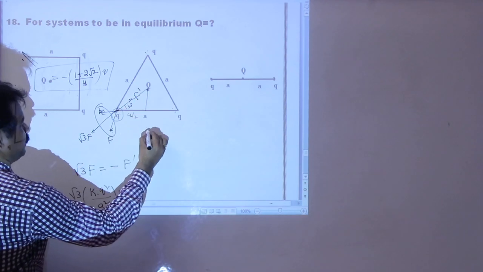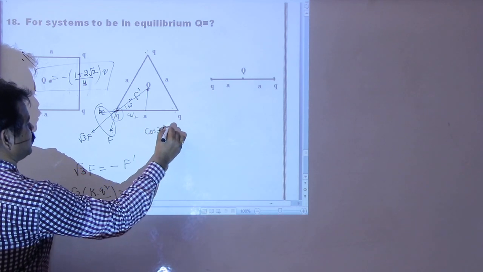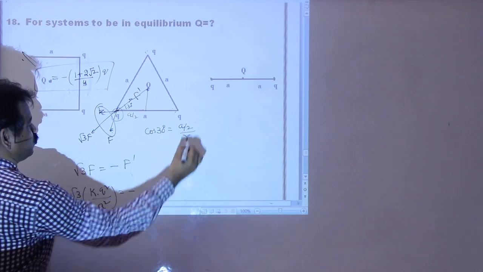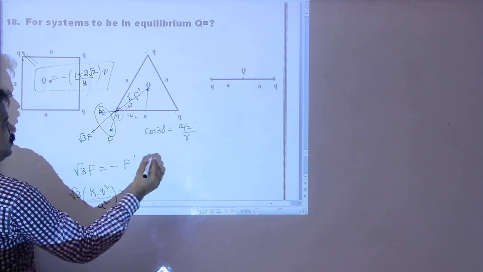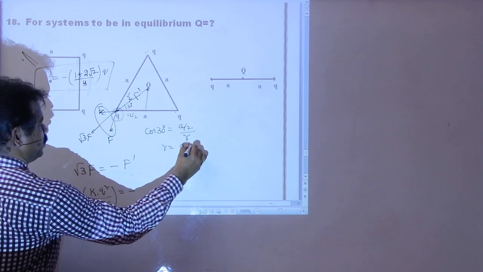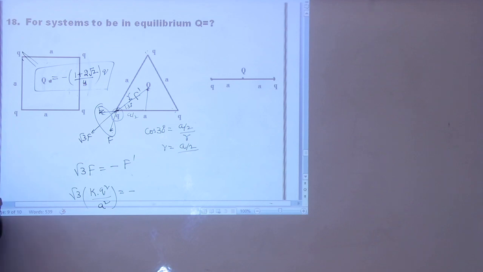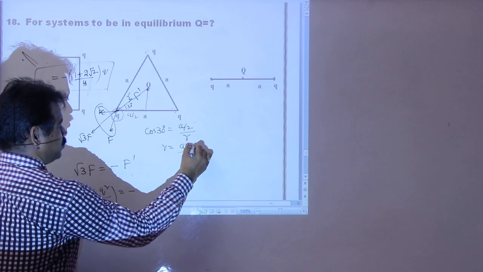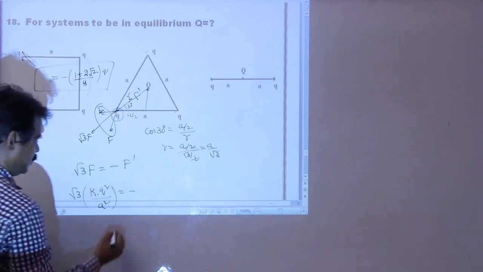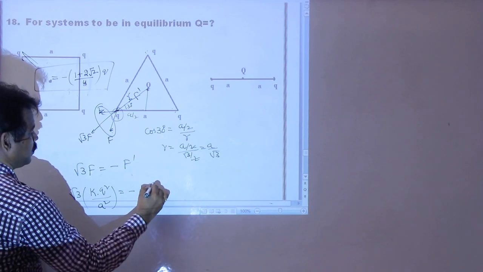This is A by 2. We can write cos 30 is equal to A by 2 by R. I need this R. So R is equal to A by 2 by cos 30, root 3 by 2. So this is A by root 3.